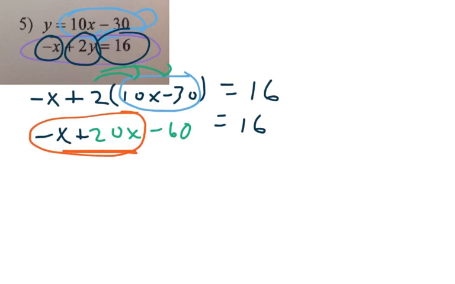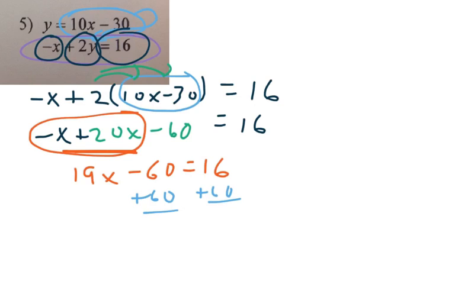Both these x terms are on the same side. So I'm just going to combine them together, and 20 minus 1 is 19x. I still have my minus 60 equal to 16. Now let's go ahead and add 60 to both sides. Okay, so 19x now equals, looks like 76.